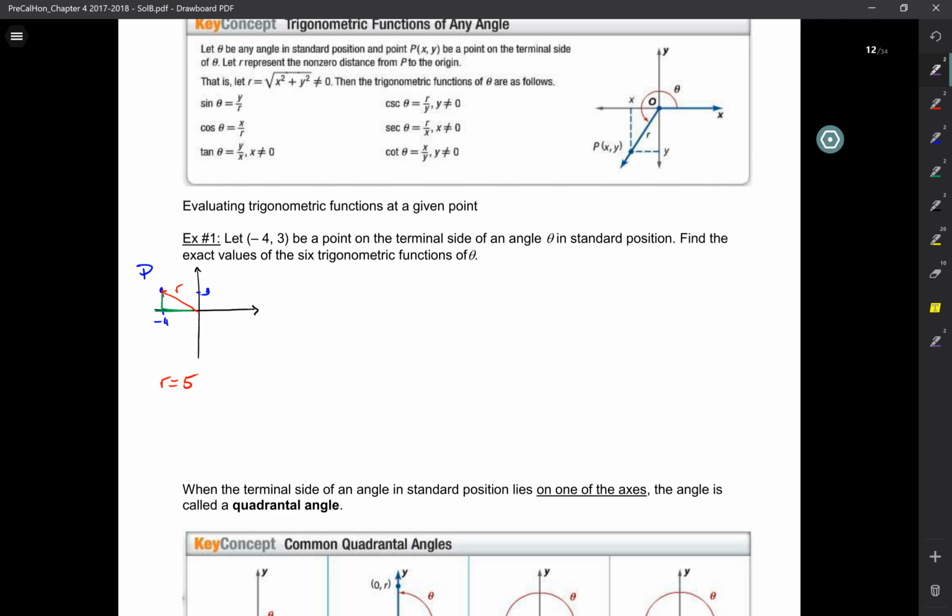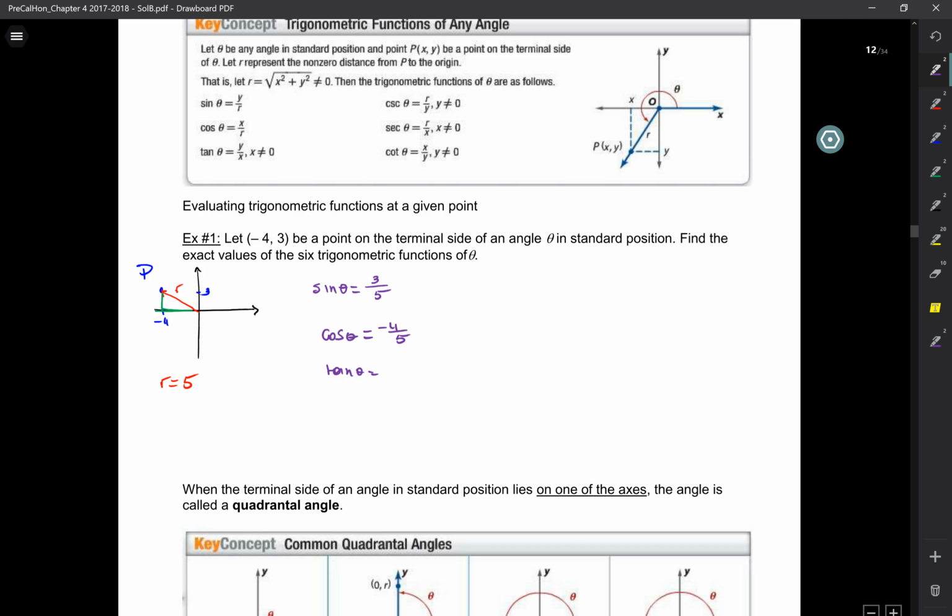All right, so now sine of theta, cosine of theta, and tangent of theta can actually be simple things to find here, because sine of theta is how much I go vertically divided by the r. So it's what? 3 over 5. Now, and cosine of theta? -4 over 5.